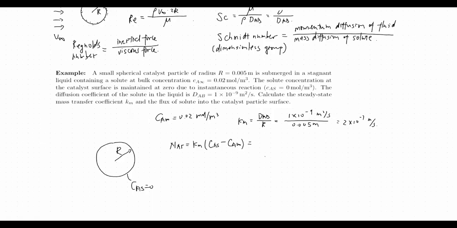What is k_m? 2 times 10 to the minus 7 meter per second. C_As is 0 minus C_A infinity, 0.02 mole per meter cubed. That gives us a negative number: negative 4 times 10 to the power of minus 9 mole per meter squared second.